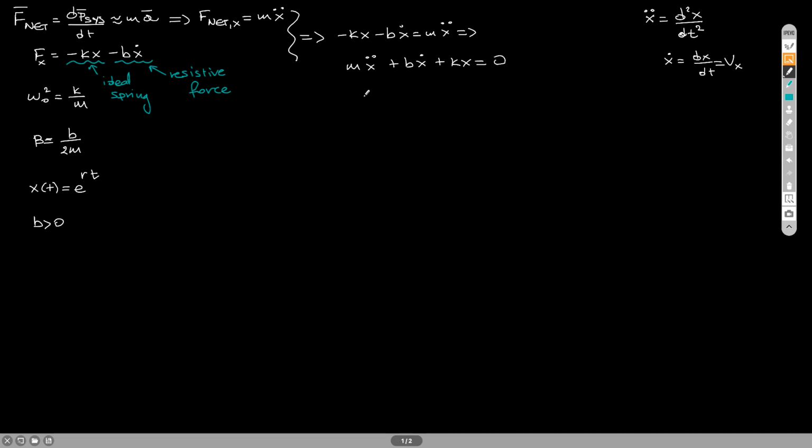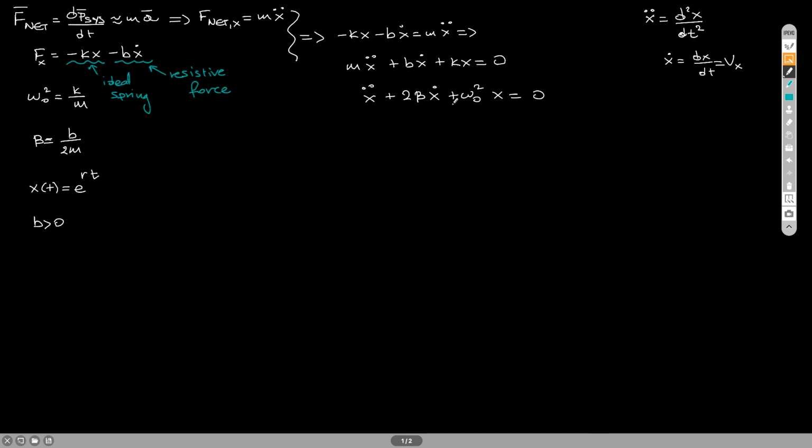Now if I divide by the mass, b over m is 2 eta, and k over m is omega naught squared. And this is now the differential equation that I have to solve in order to find the solution.